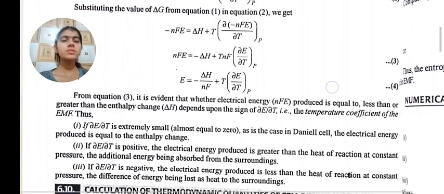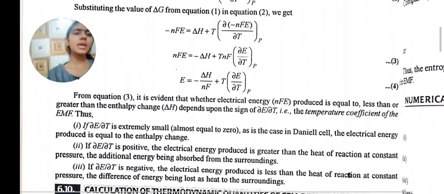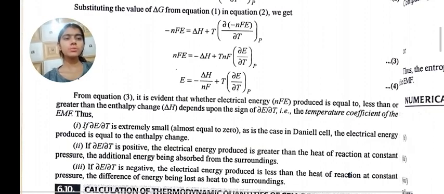From equation 3, it is evident that whether electrical energy nFE produced is equal to, less than or greater than the enthalpy change ΔH depends upon the sign of ∂E/∂T, that is, the temperature coefficient of EMF.